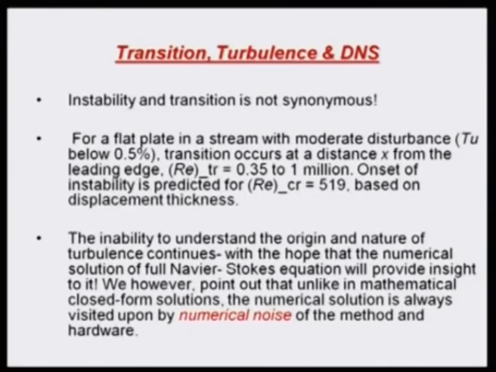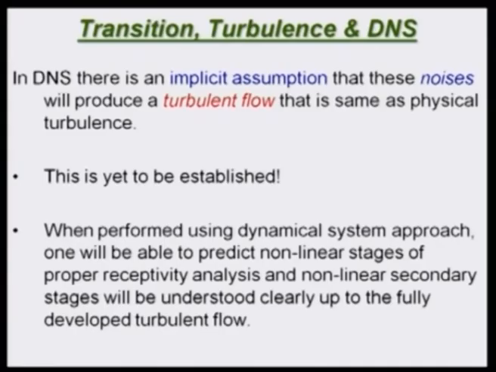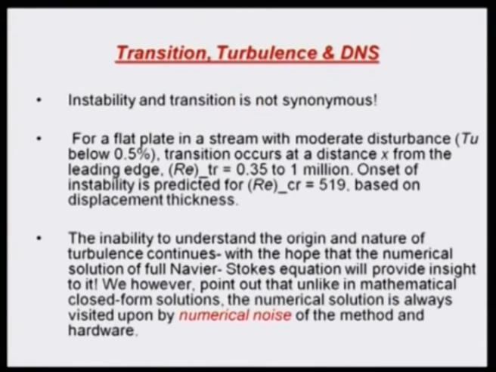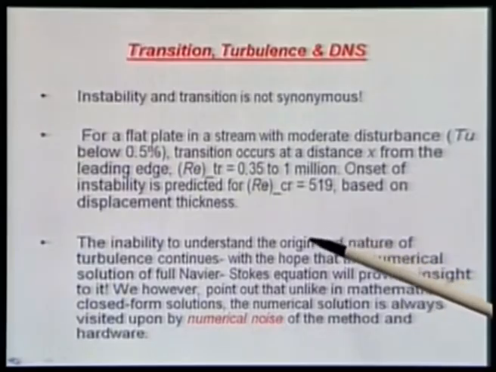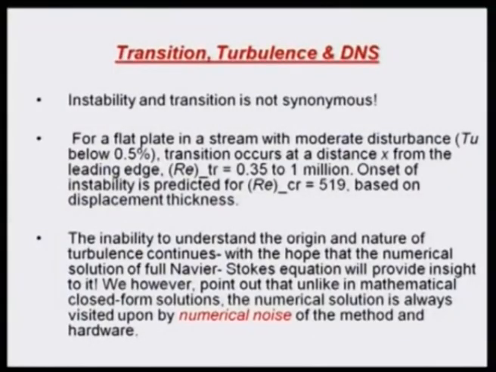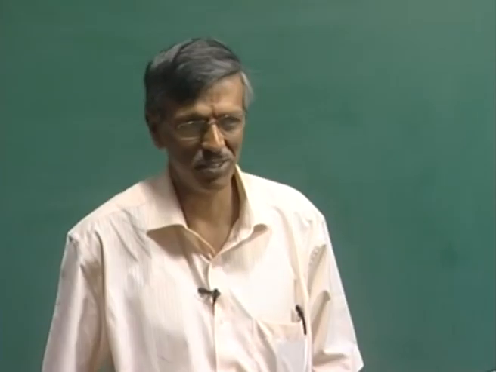Okay. So, what we should also understand is that we are still unable to bridge the gap in our understanding between the origin and the nature of turbulence. Everybody hoped and continues to hope that if you can somehow solve the full Navier-Stokes equation, you will get insight into the story.